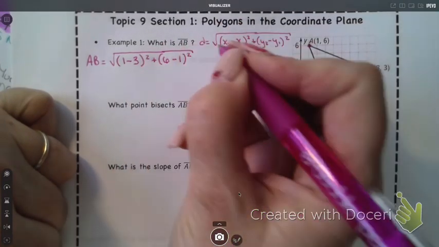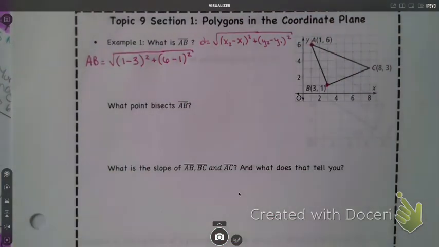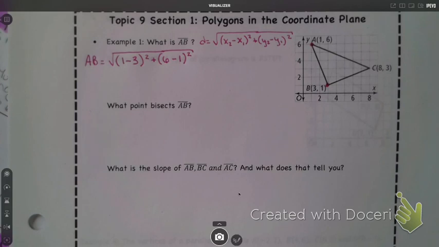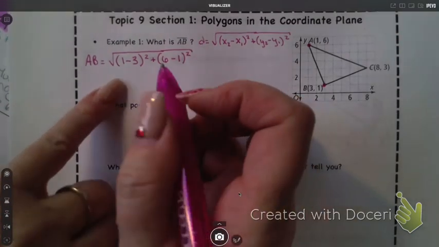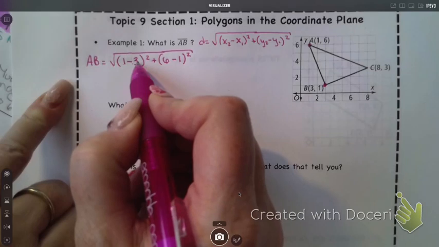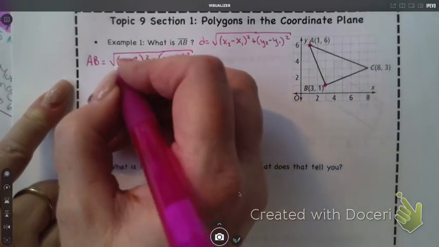Now, if it was me on my paper, I would have 2 squared plus 5 squared. I would not write this step. You don't have to write every single step, but do you have to write enough that I know you're using the distance formula? Yes.